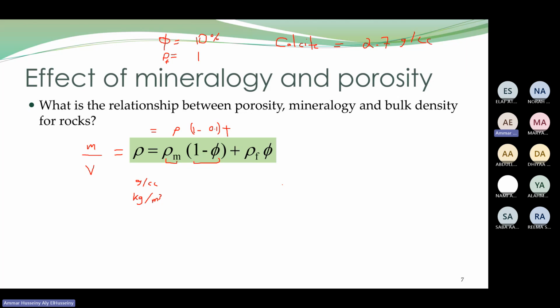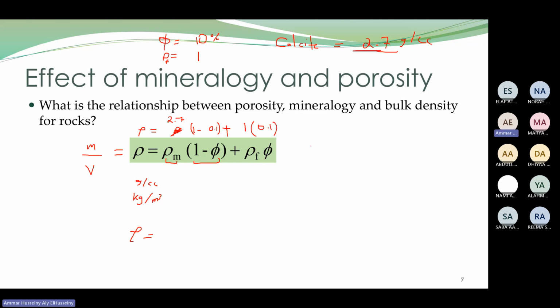Now if the question is to find the bulk density of that rock, then instead of the mineral density symbol, you write 2.7. Then multiply by 1, which is the fluid density, multiplied by the porosity, which is 0.1.